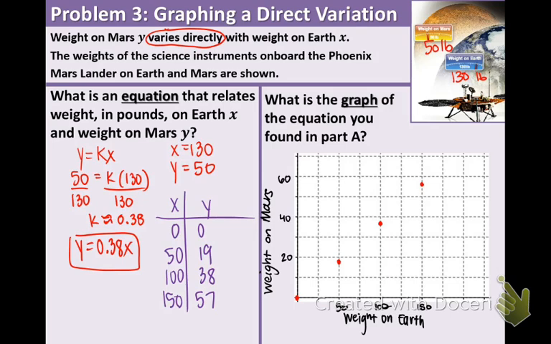And we will be connecting these because it is possible to be between those values. All right, that completes example 3. As you can see, science and math are related to each other, and we just found out the relationship between weight on Earth and weight on Mars. Feel free to calculate your own weight if you're interested.